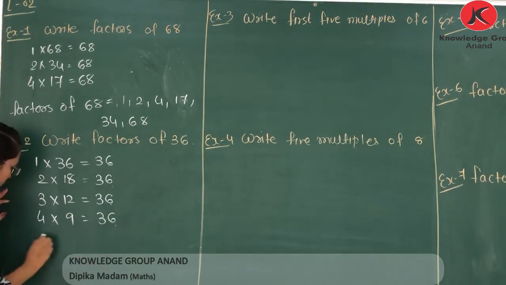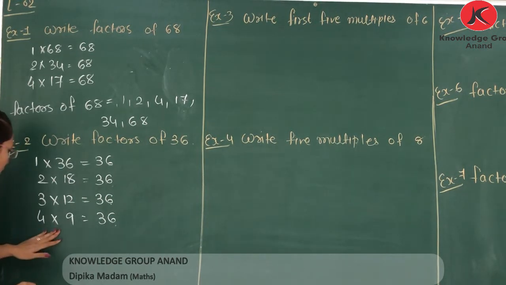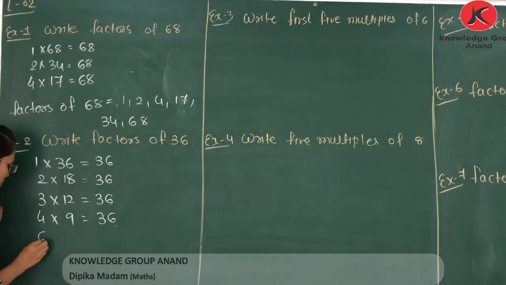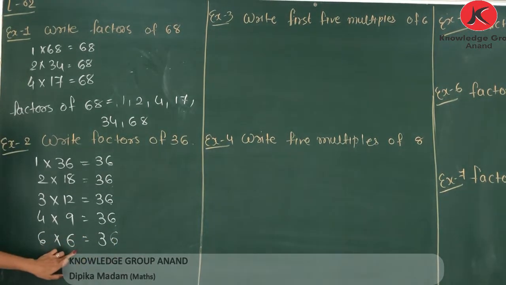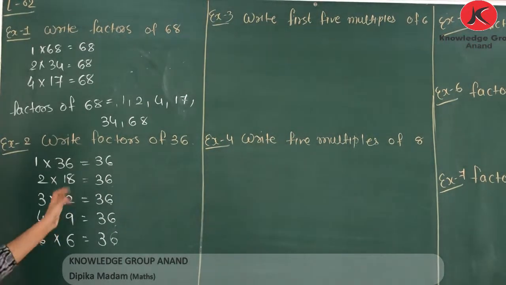Then is there any number? No. 5 is not there. 6, yes. 6 6s are 36. Now if you reverse the order, 6 is the last digit. We do not get 36 in 7 and 8, and 9 is also there.